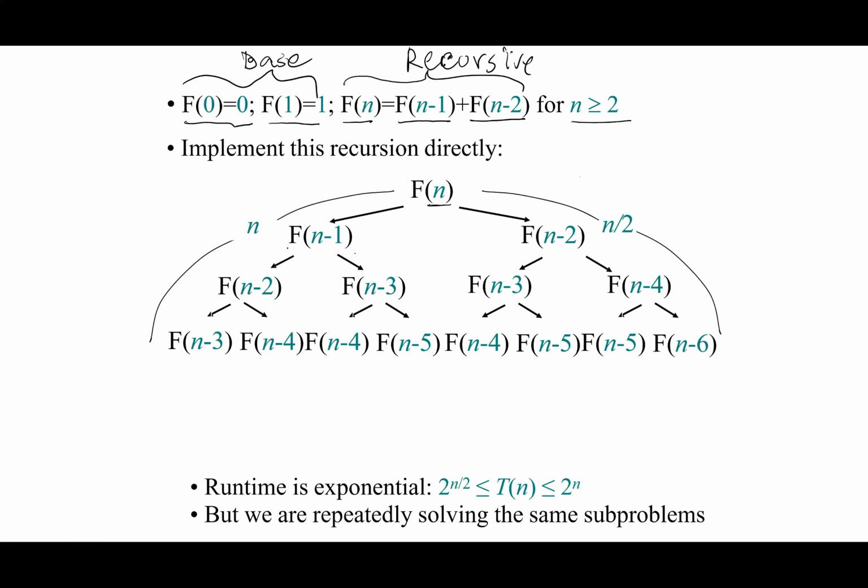Similarly, Fibonacci of n minus 1 again breaks down into two smaller calls, right? It will call Fibonacci of n minus 2 and Fibonacci of n minus 3, and then it will add them up. Similarly, this one will also break down into two. So it will keep on going until we reach, say, f of 1 or f of 0. So until we reach there, it will keep on going.